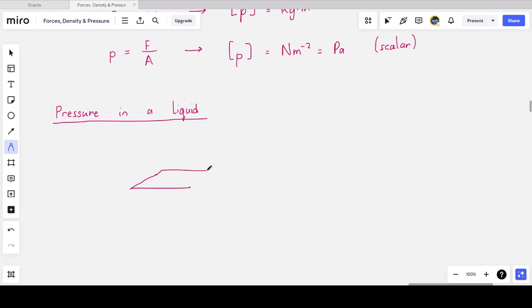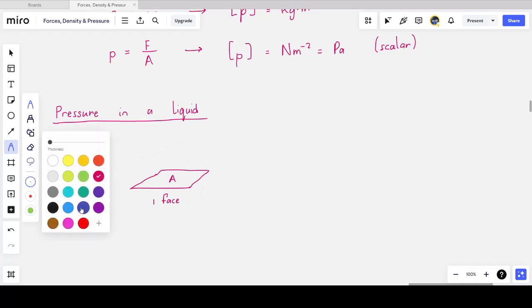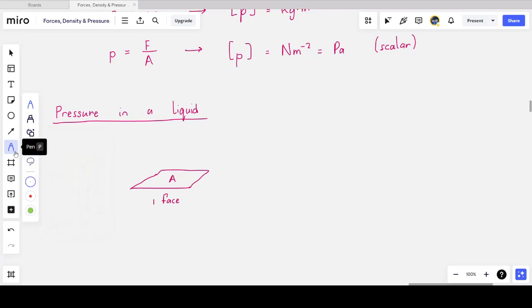Let's assume that I have maybe a piece of paper or some other material, maybe some plastic, and it has a surface area A, and this is only one face. So one face of this object is placed under some water. It is in some container, and there's a column of water above it.